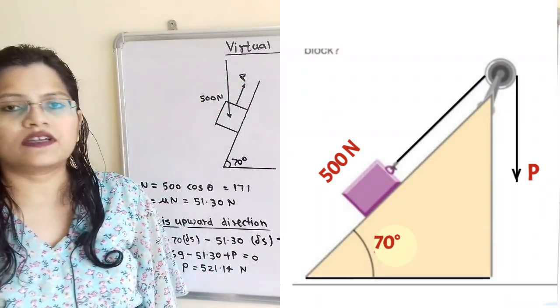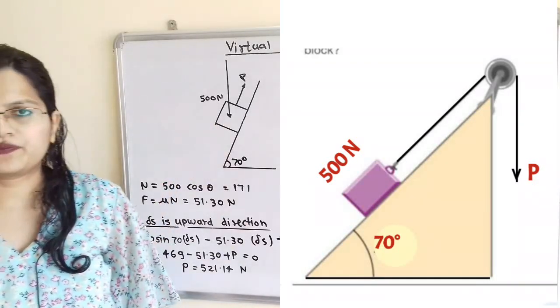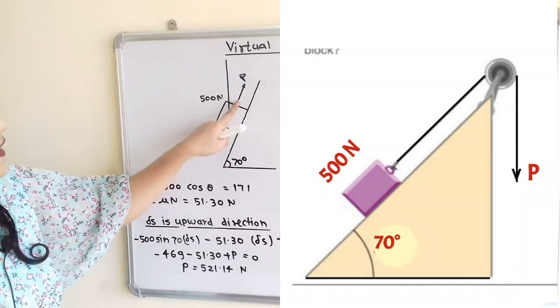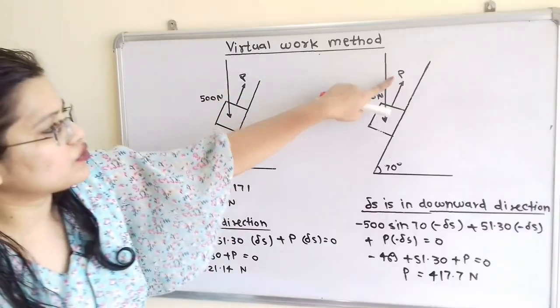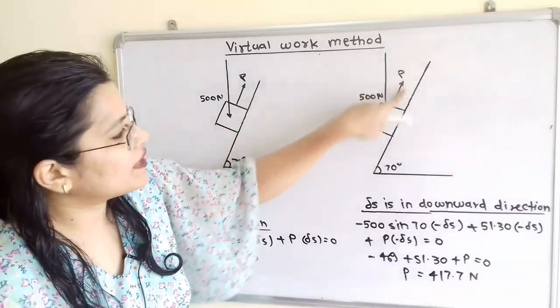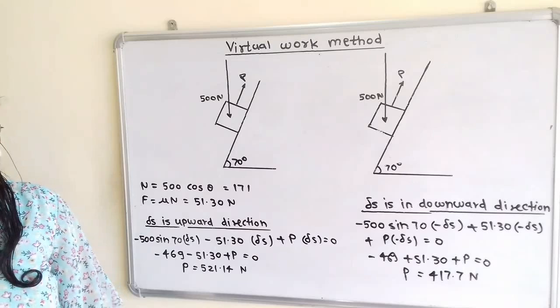This effort is applied through the rope connected to the block, and this rope is parallel to the inclined surface. So we have to show the direction of P in the upward direction, and this P is parallel to the inclined surface.